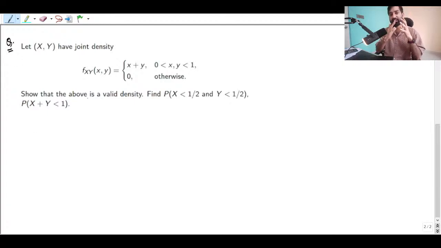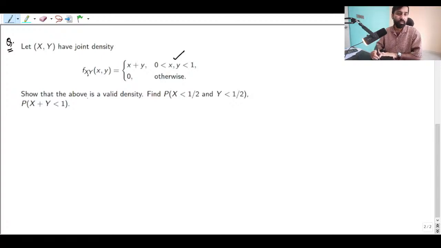Whenever this kind of problem will be asked, suppose they are saying that the random variables x and y have a joint density, where the joint density function is given as x plus y in this region of support. Now the region of support is the unit square only. We are familiar with the unit square.